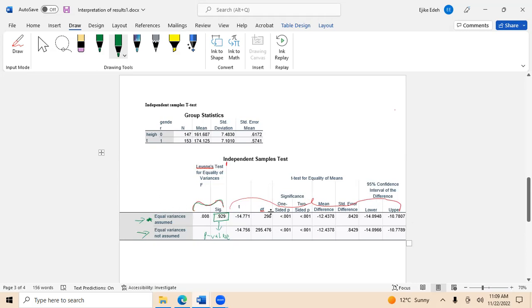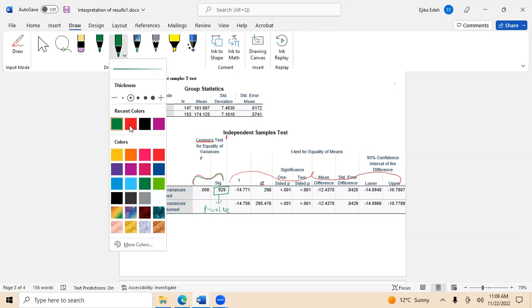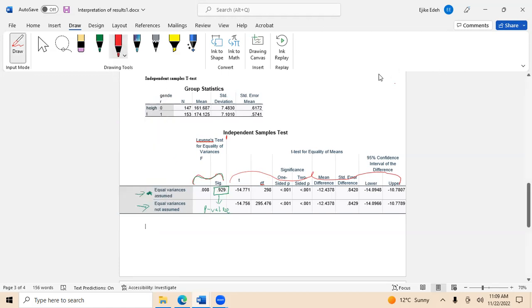The null hypothesis for Levene's test, as we stated earlier, is that the variances are equal.